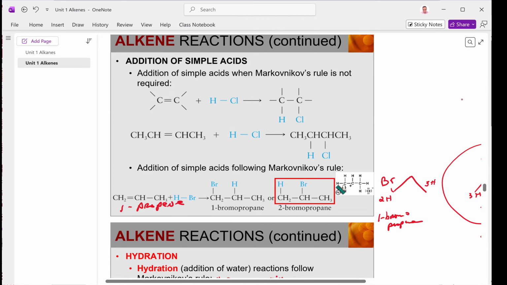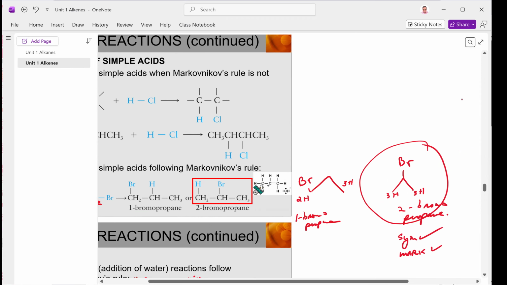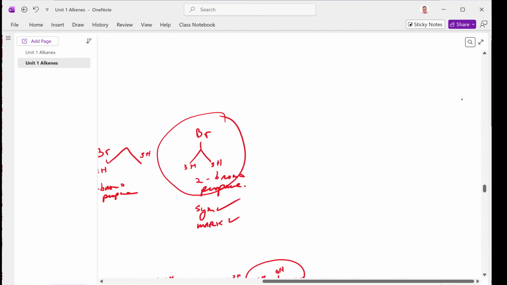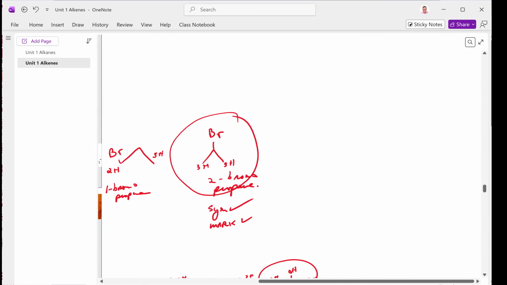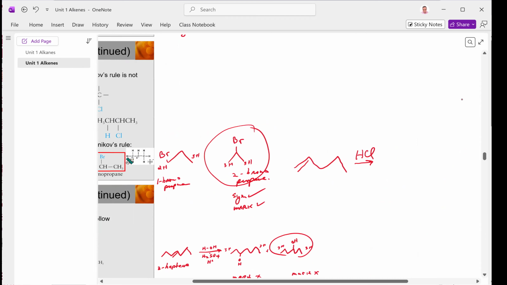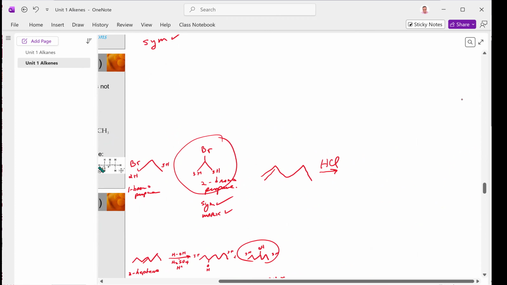Now, here's the first example of a heterogeneic additive. This happens to be hydrochloric acid. And if we were to do this, it would add here and here. So it's going to hit it 50-50 times.